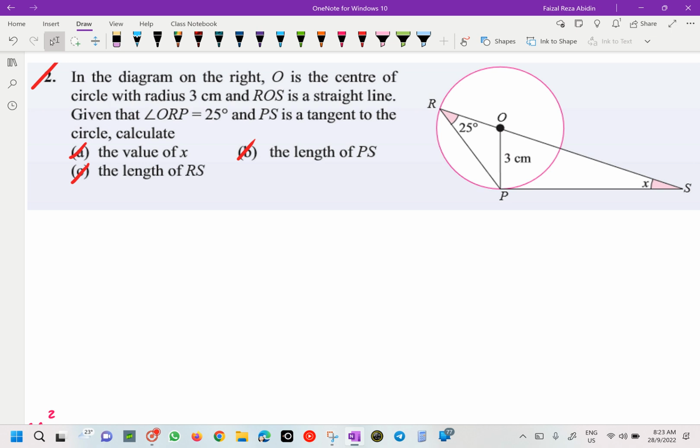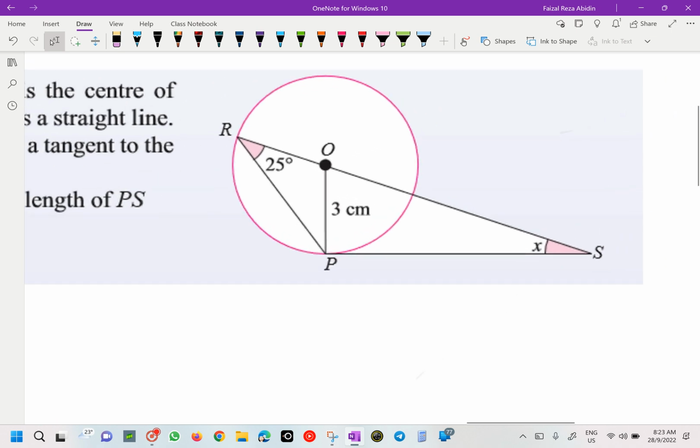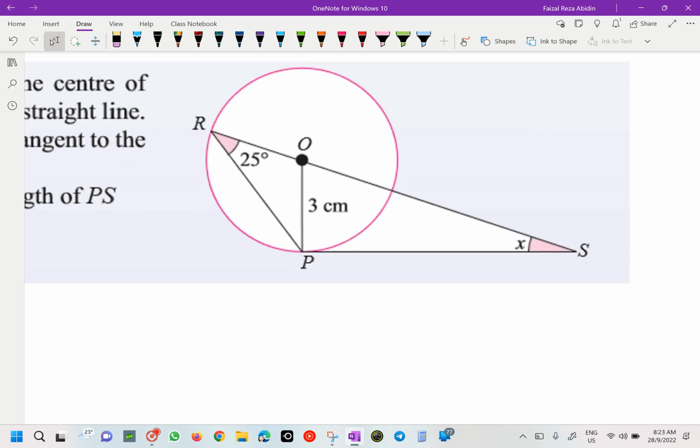So, by looking at our diagram, I'm not going to draw back. What did you have there? Isosceles triangle. Am I right? Yes. Which is our OR and OP is going to have the same length. Why? Because that one is our radius, right?